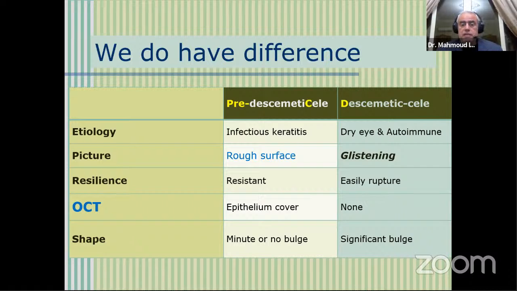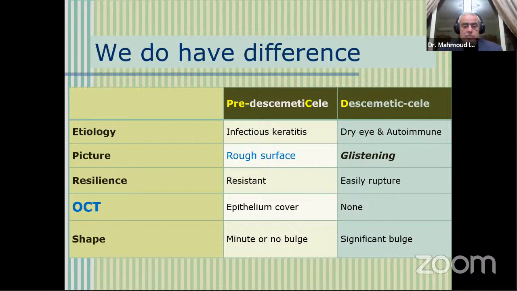In infectious keratitis cases, there is the pre-desmetic seal. However, in autoimmune cases and dry eye, it is a desmetic seal. Usually it is glistening in cases of desmetic seal, while the pre-desmetic seal, or Dua seal as I call it, has a rough surface. Of course, it is more resistant in cases of pre-desmetic seal, and it ruptures more easily if the Descemet membrane is bare.